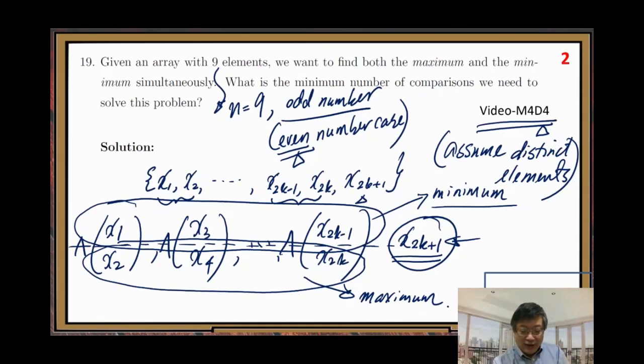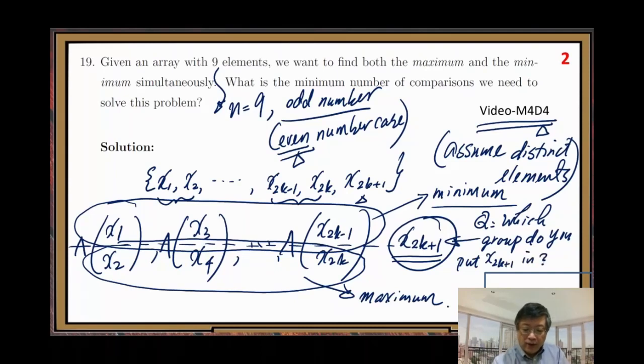So the question: which group do you put x2k plus 1 in?